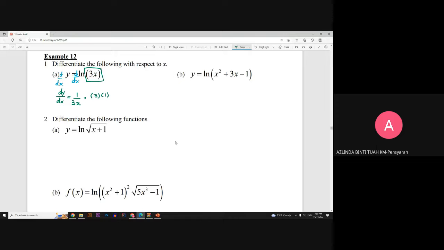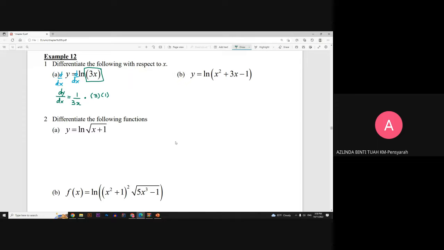Okay, differentiate x always 1. Sebab apa? Kuasa dia 1, actually we are applying power rule. X power of 1, 1, bring it down, and then 1 minus 1. So dia jadi 1 x power of 0. Okay, power of 0 adalah 1. So every time differentiate x is equal to 1.